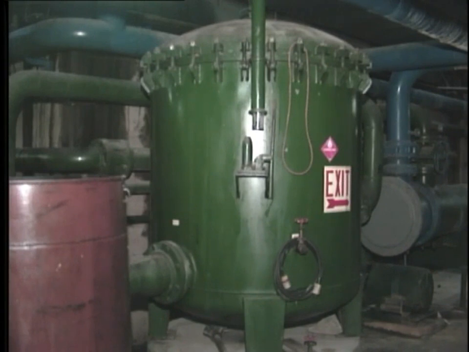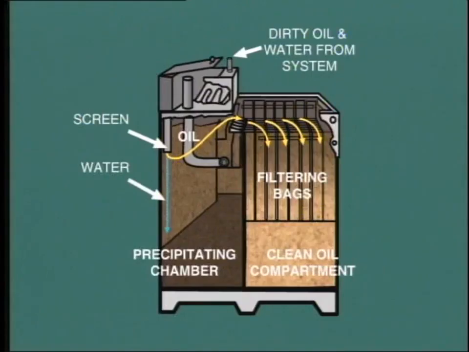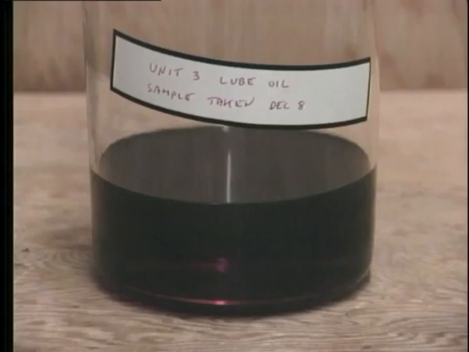This may consist of bag-type filters within the oil tank, or external cartridge filters, or a centrifuge which continuously circulates oil from and back to the tank. Maintaining the cleanliness and purity of the oil is extremely important to good turbine operation. Usually, the lube oil is sampled at regular intervals, say monthly or bi-monthly, and analyzed for impurities and other characteristics.